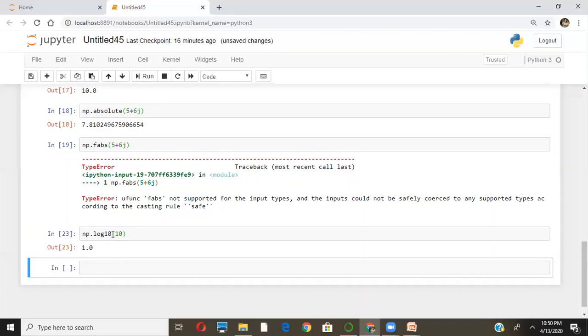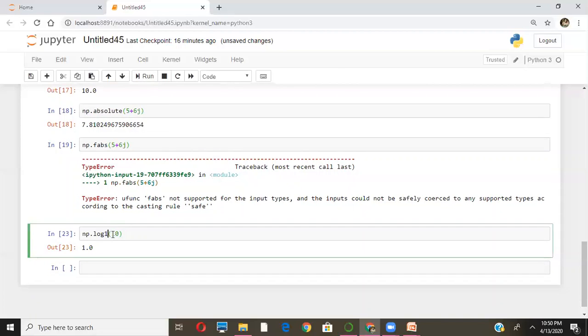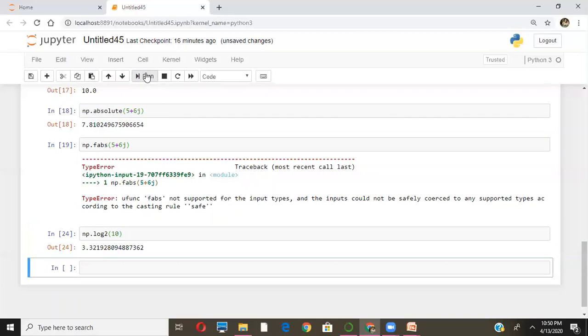And then you also have log to the base 2. This is also calculated. Okay, so we saw basically exp, and then exp2, and then we saw log, and then log to the base 10, log to the base 2.